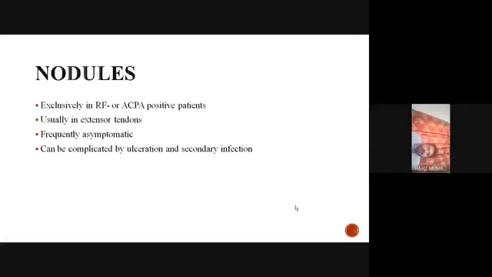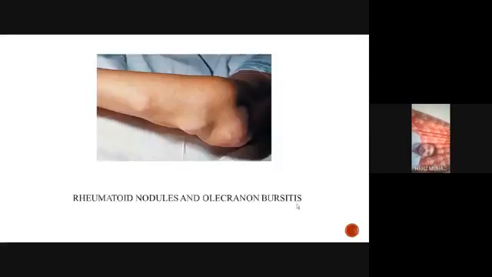A secondary infection is an infection that occurs during or after treatment for another infection. It may be caused by the first treatment or by a change in the immune system. In this diagram, you can see rheumatoid nodules and olecranon bursitis. Olecranon bursitis is a condition characterized by swelling, redness, and pain at the tip of the elbow.